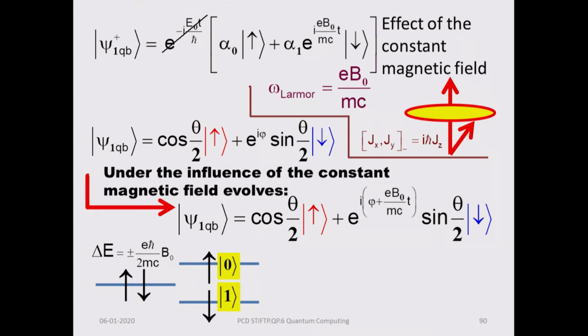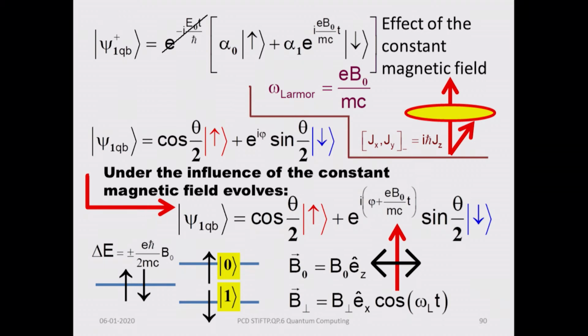So, the degeneracy is lifted and the solution to the Schrodinger equation will be given by what I have written here along with this time dependent phase. And what we will now do is to apply a transverse field.